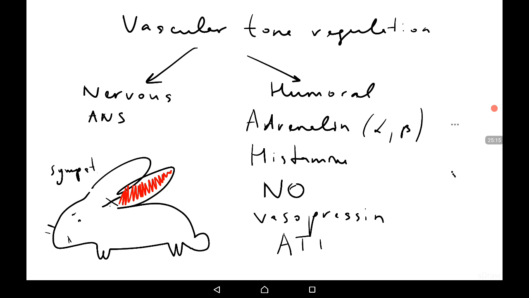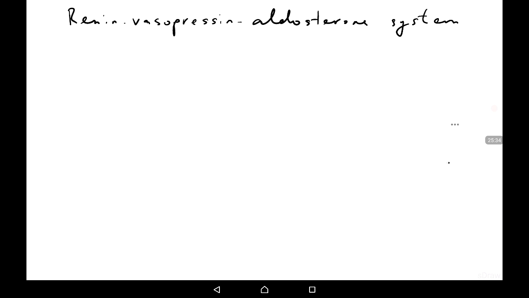Angiotensin 2 constricts the blood vessels, and it participates in the so-called renin-angiotensin-aldosterone system. We will describe this system in detail. This system is initiated by the juxtaglomerular apparatus in the kidneys.